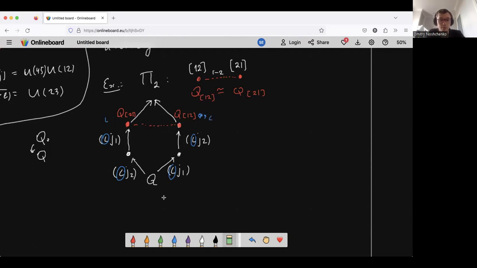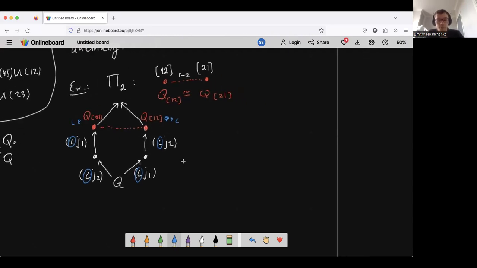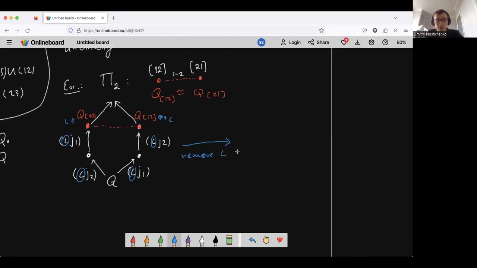But we can simply remove iota from all quivers that we had in this diagram. So this step, remove iota, and what we obtain.